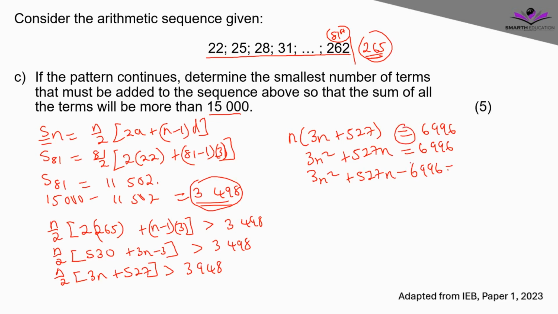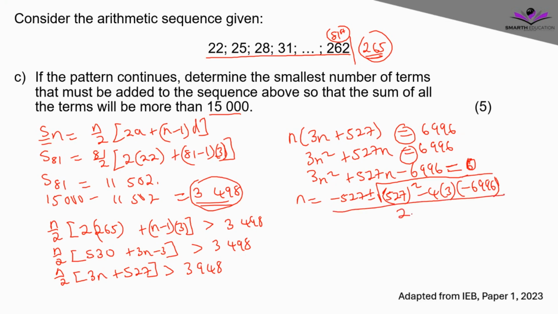I've been using the equal sign, still okay. Let's use the equal sign. Just interpret the answer at the end. Right, equal to 0. Now we can use our quadratic formula. n is equal to negative 527 plus or minus the square root of 527 squared minus 4 times 3 times negative 6,996, all this over 2 times 3.